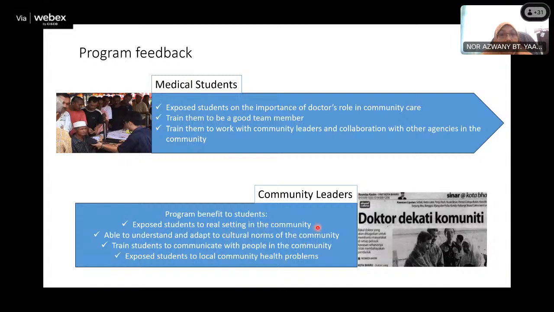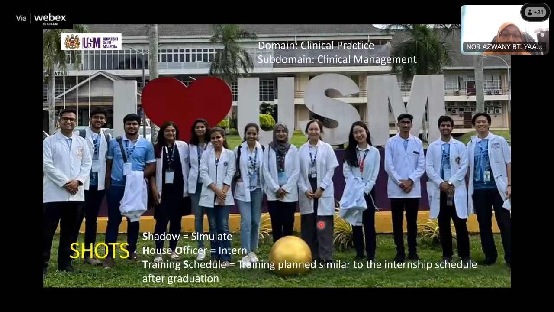So, in conclusion, we think that our GMT 407 is aligned not only with our program objective, but also with the CALOHEA framework. The second one is, I'll give you another example in the domain of clinical practice, since we are in medicine, and the subdomain clinical management, which is our SHOTS.